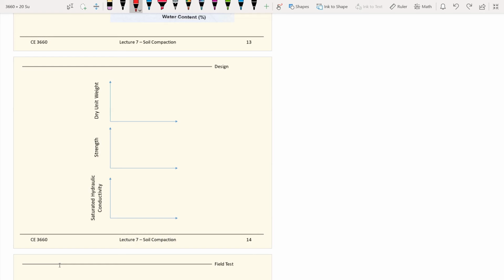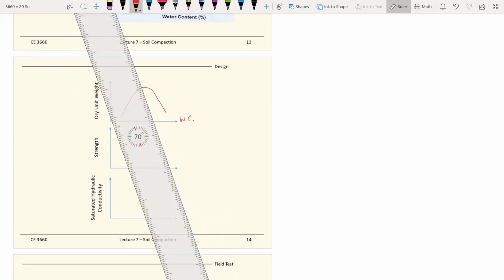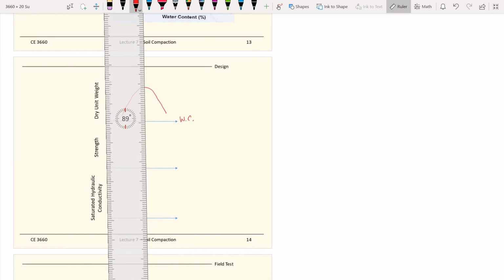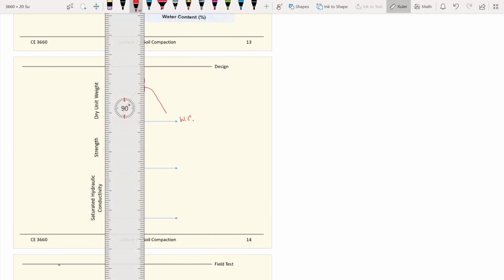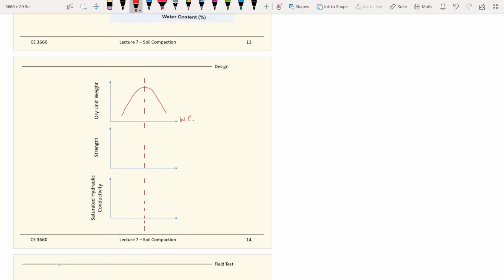So for example, this is your compaction curve again. After you establish the compaction curve, what is most important is the optimum point, which is the maximum dry density and optimum water content. This is what you get back from the labs, a compaction curve.